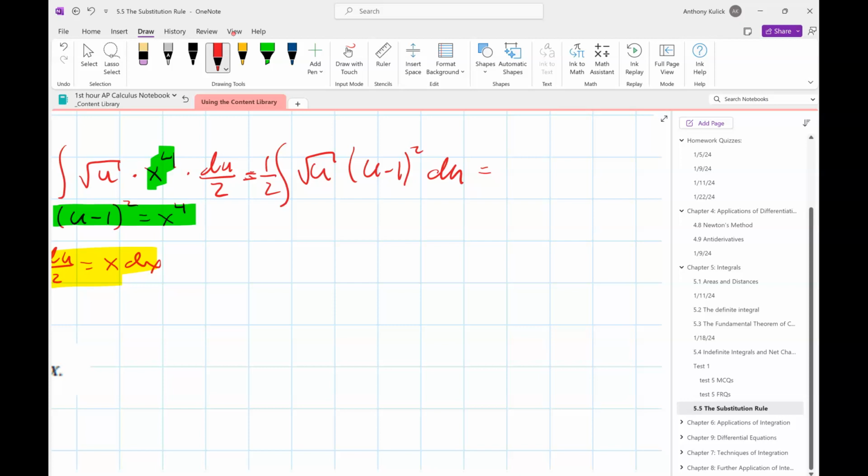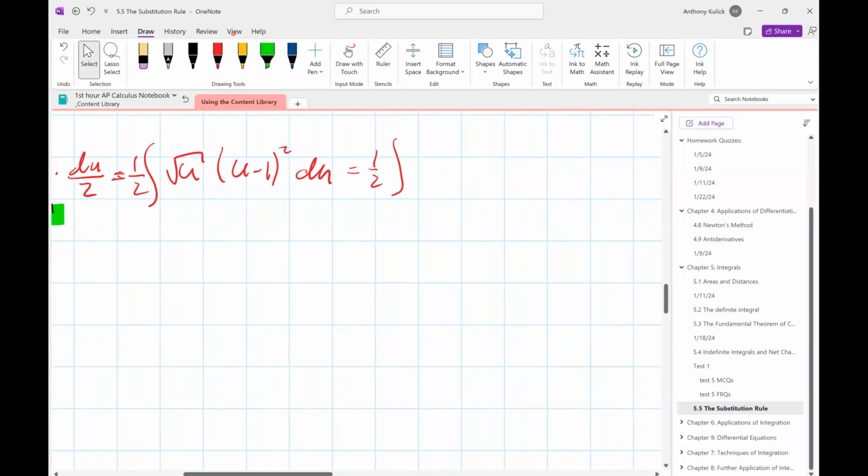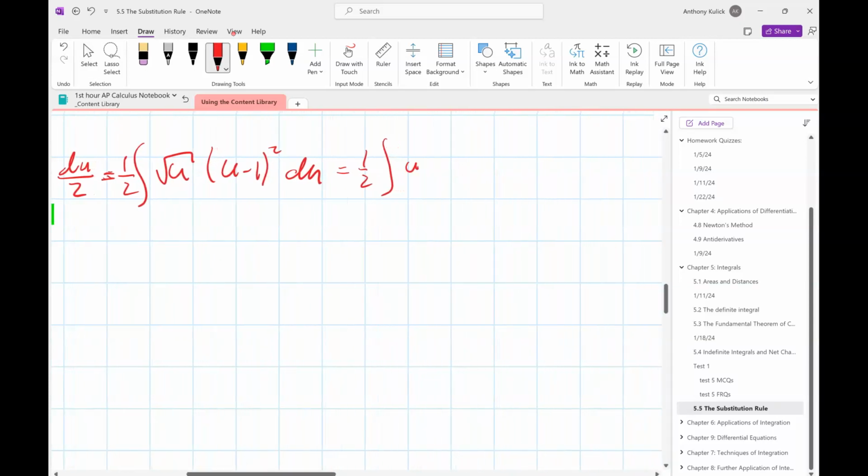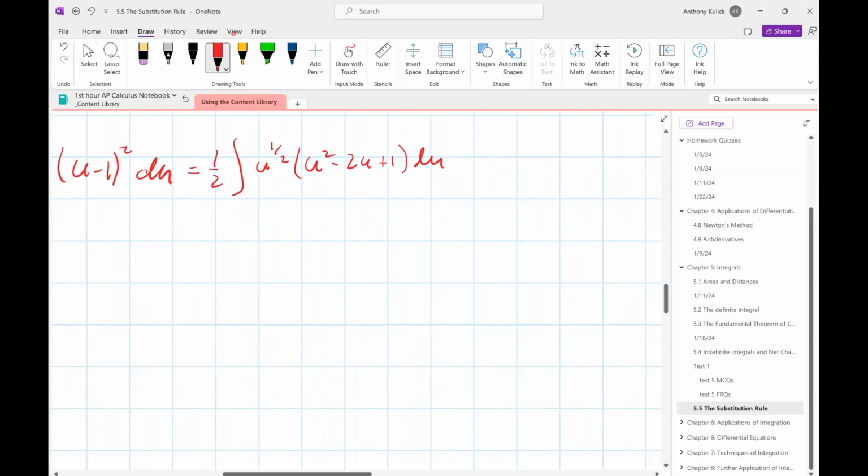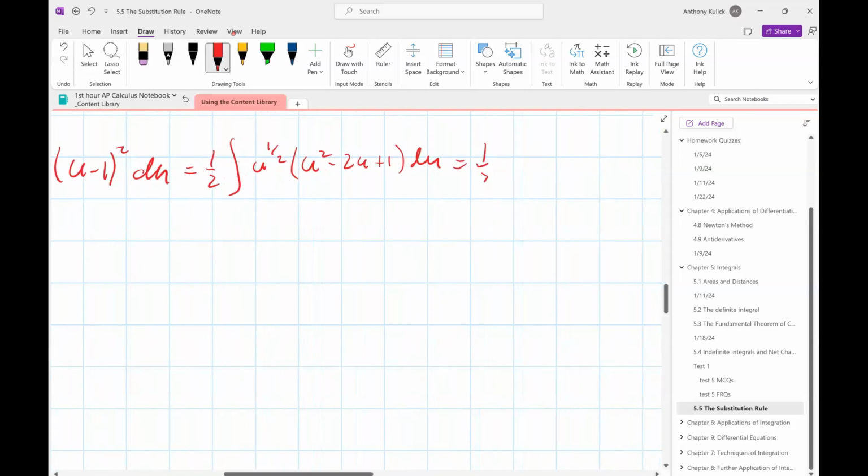Yeah, very good. So Rita says we've got to FOIL this out and then distribute the square root of u through. So let's write it out, because for some of us maybe this is the first time doing this kind of idea.